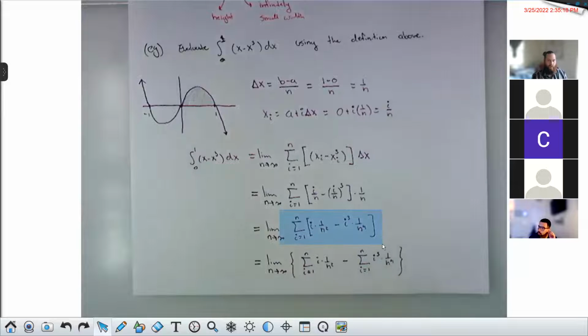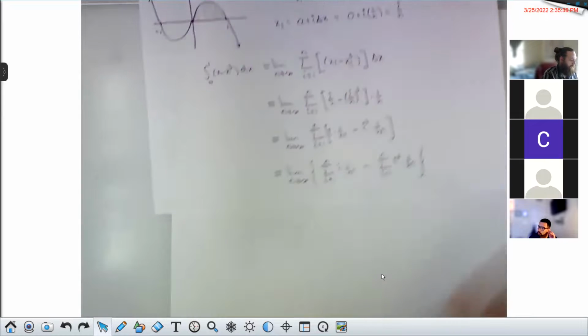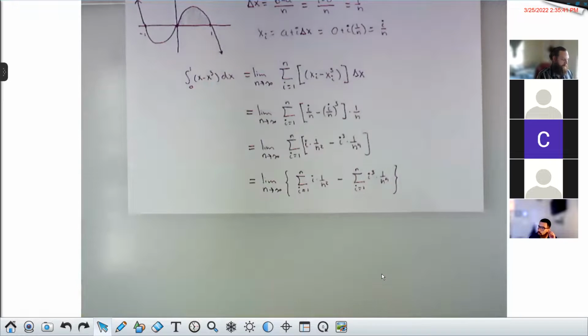So I take this single sum with the subtraction inside, and I split it up into two sums with the subtraction outside. Because I know how to handle the sum from 1 to n of i, and I know how to handle the sum from 1 to n of i cubed. We have a summation formula for each of those. Handling them separately, I can invoke my summation formula.